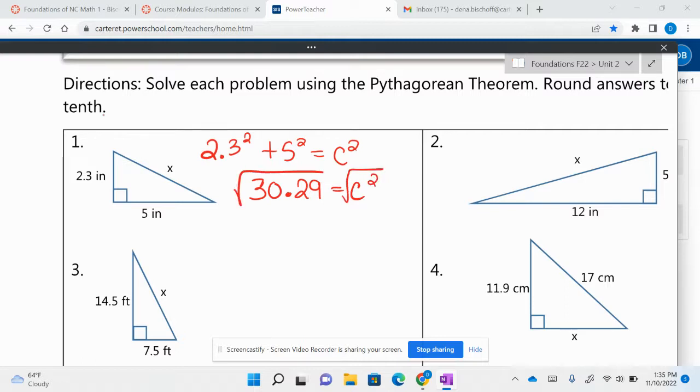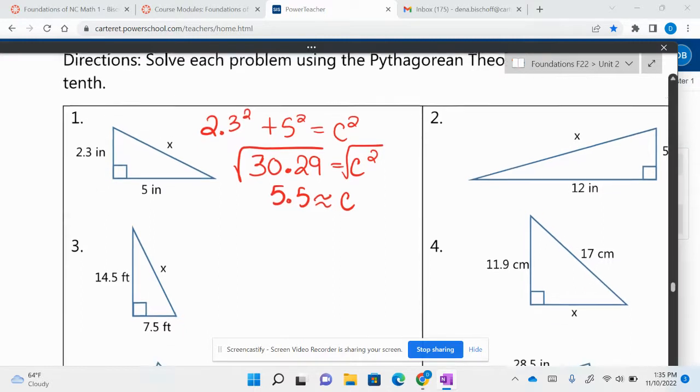Square root it. 5.5 is about c. Do you guys feel okay about that?